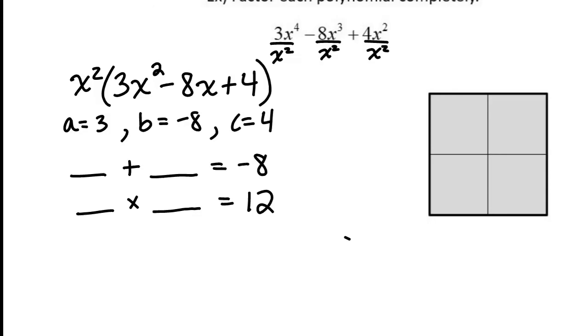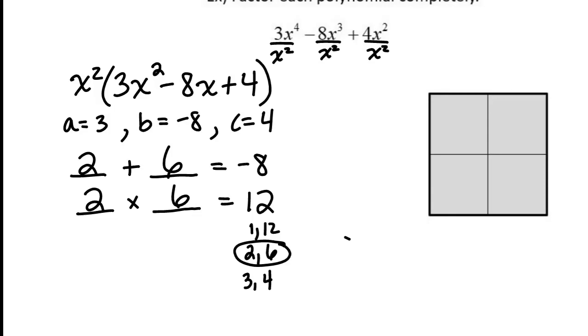So then again, look at the factors of the multiplication term. The factors are 1 and 12, 2 and 6, and 3 and 4. So out of all three of those pairs, which one can I get an 8 out of? 2 and a 6, right? I can get an 8 from a 2 and a 6, but notice the 8 is negative and the 12 is positive. To get a positive, I either have two positives or two negatives. But because the 8 is negative, that means both terms should be negative. Okay?